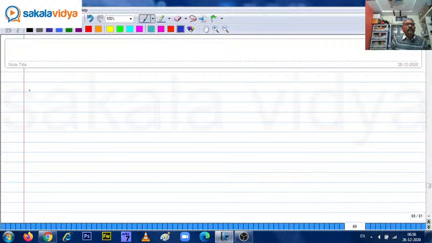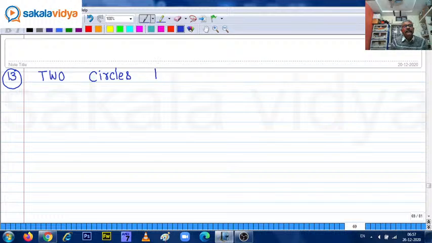Okay, now the 13th problem. Let us move to the 13th problem. Two circles. This problem is connected to the mensuration chapter.